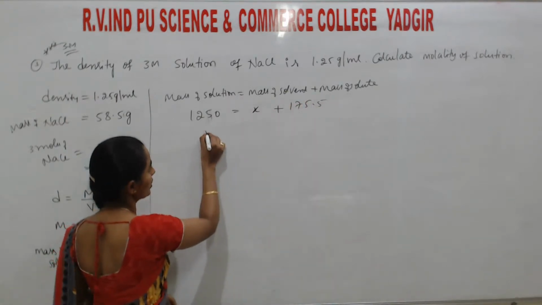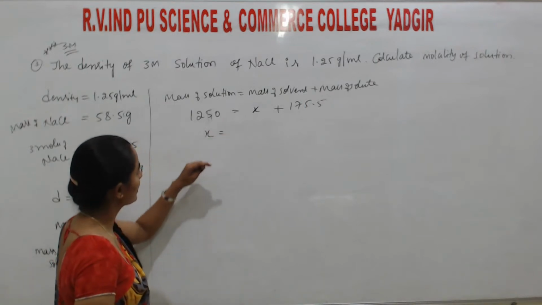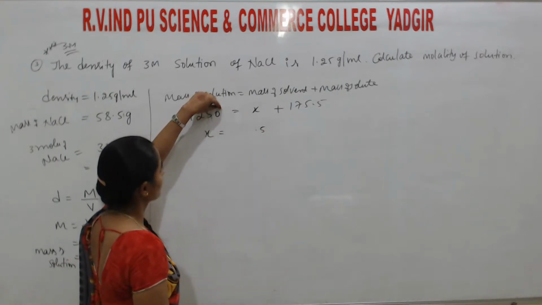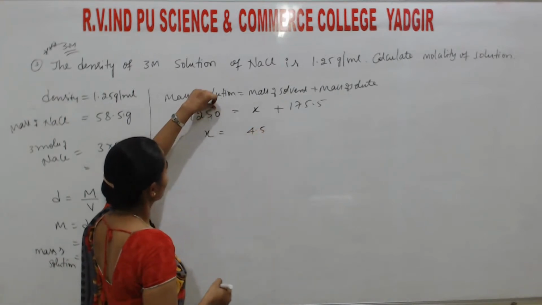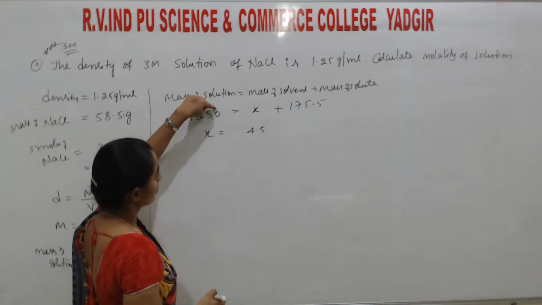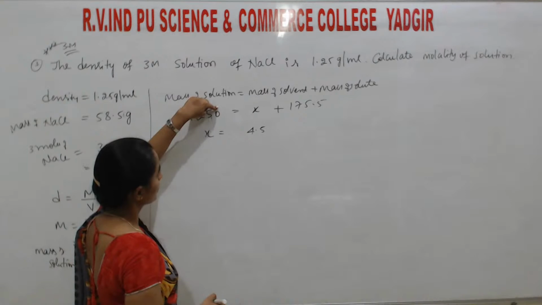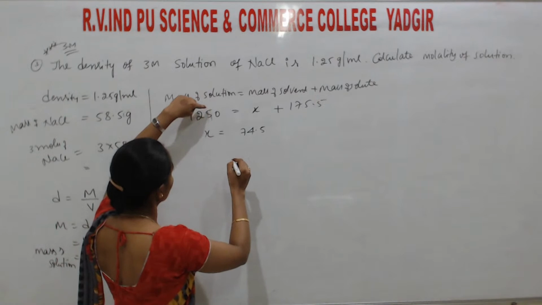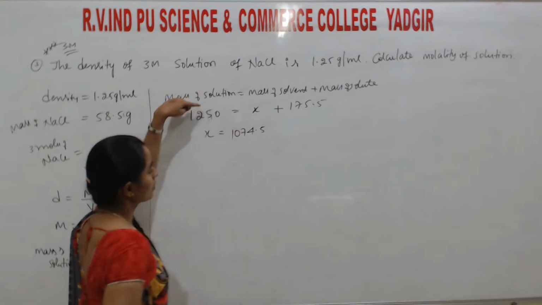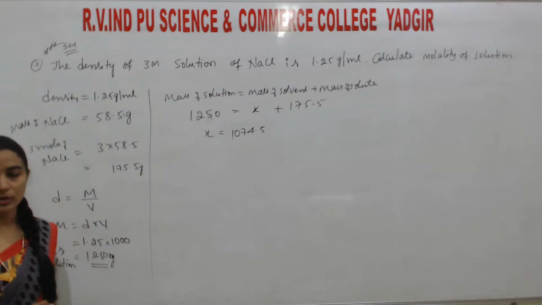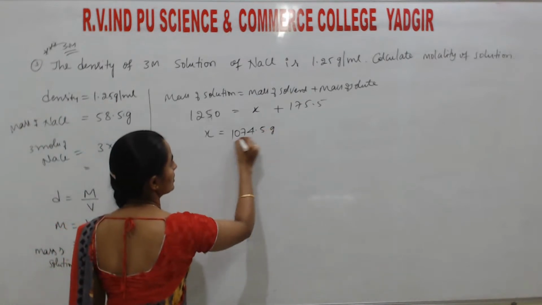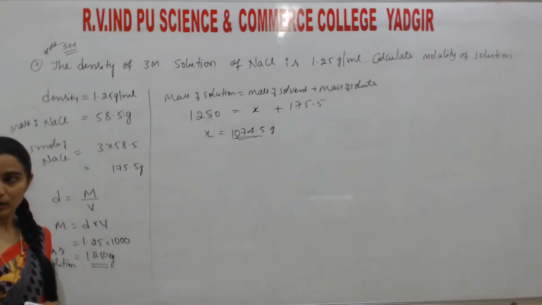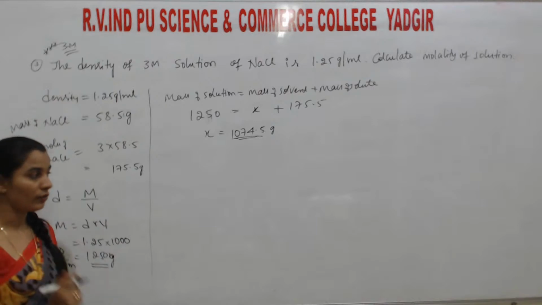So students, if you subtract that, you will get approximately 1074.5 gram. This is what? Mass of solvent. Understood? That is mass of solvent.